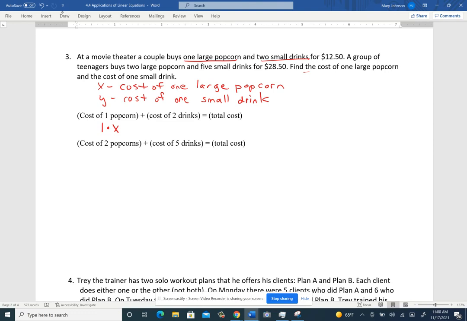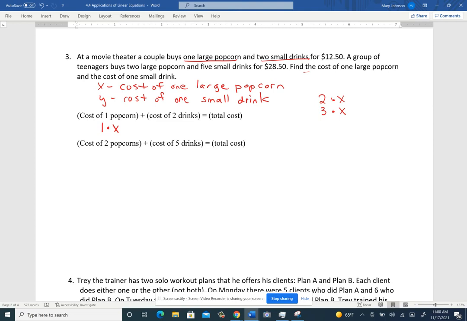You take the number of popcorns times how much it costs for 1 popcorn. If they bought 2 popcorns, you would do 2 times X. If they bought 3 popcorns, X is how much each one costs, so you would do 3 times X. That's why we do that. 1X would represent the cost of 1 popcorn.